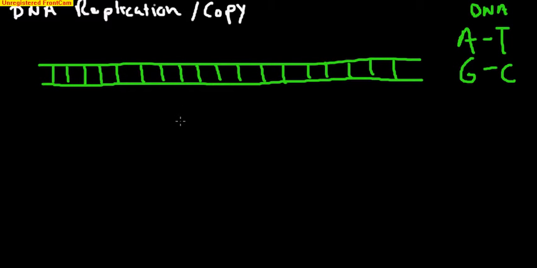So what's going to happen is this: an enzyme called helicase is going to bind. I always tell my biology students, anytime you see the word ending in ASE, that means it's an enzyme.